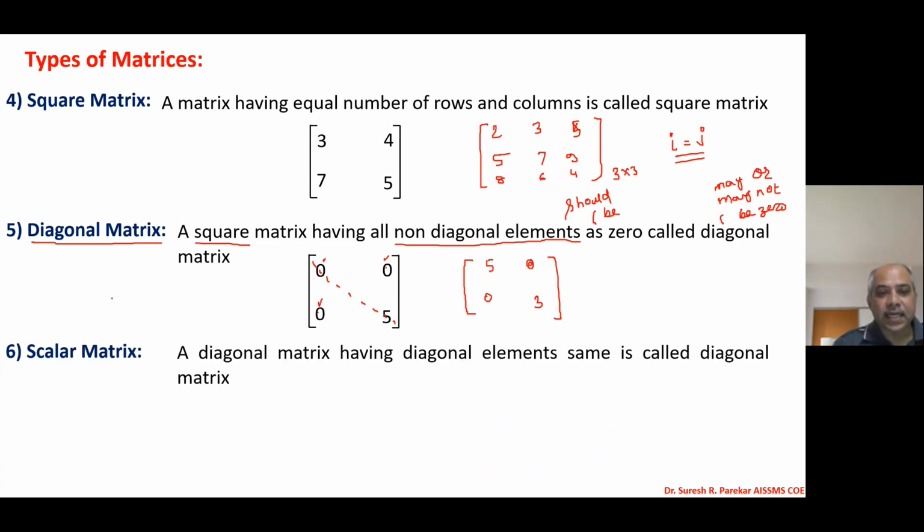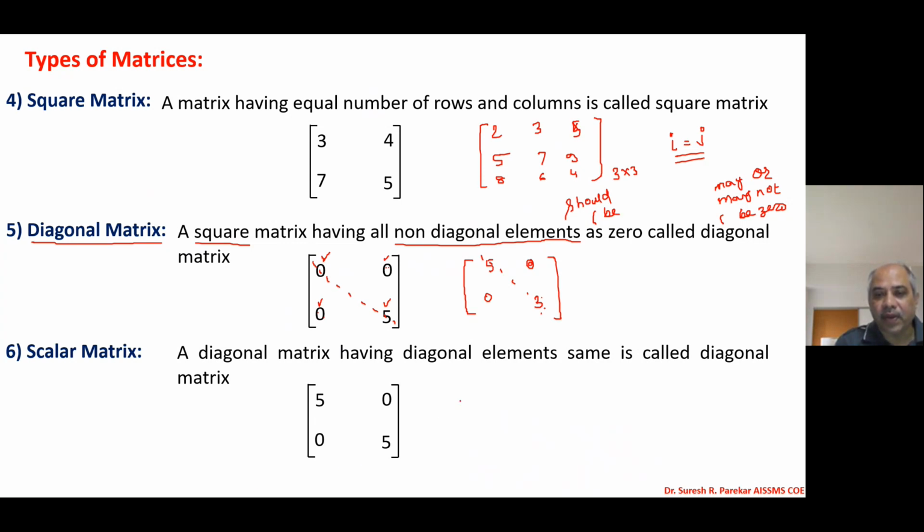Now scalar matrix, a diagonal matrix. Diagonal matrix means non-diagonal are 0. A diagonal matrix having diagonal elements the same. So diagonal elements we have this and this. These are the same. If I say in this, then we have this 5 and 3. If the values of these are the same, then we are going to say it as a scalar matrix. So you can see this as 5, 5.